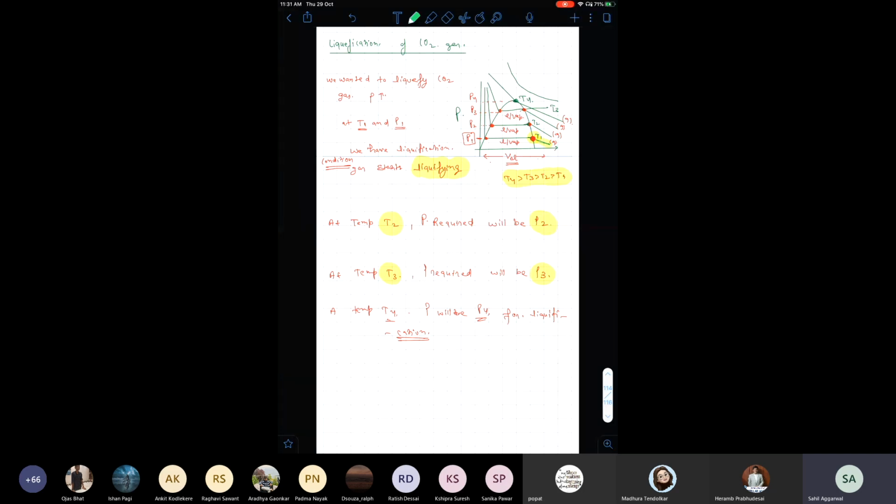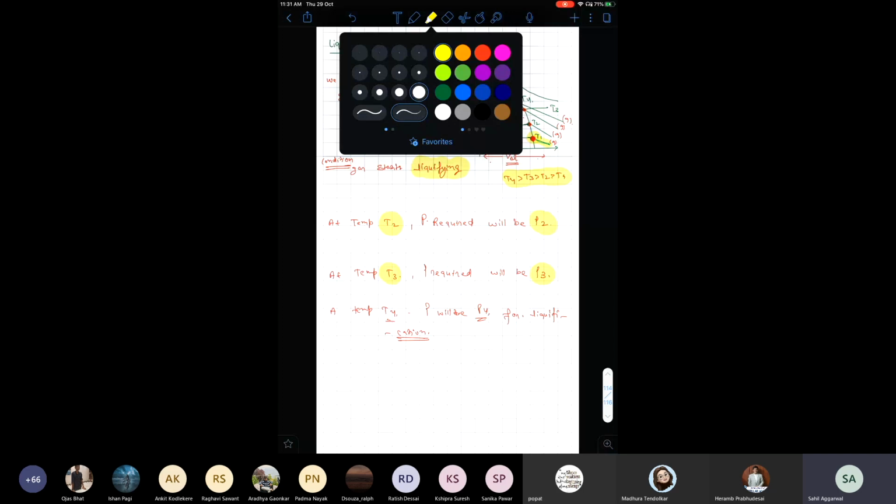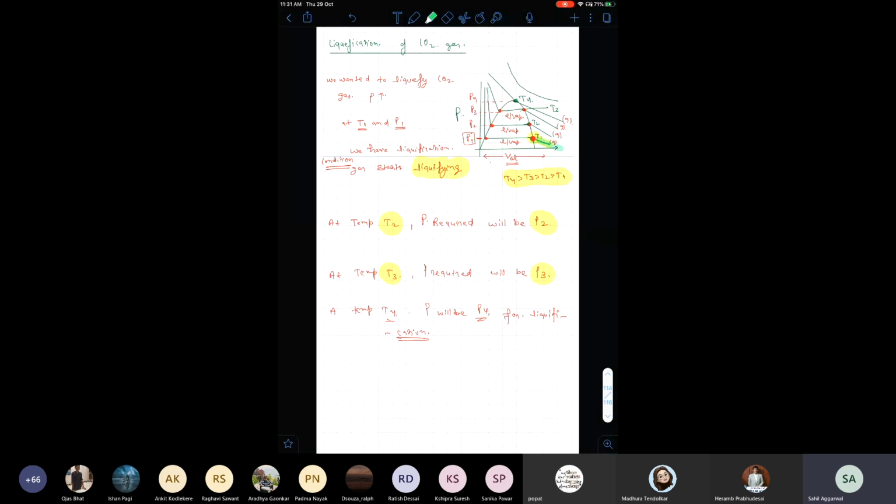In this region we have only gas. But as we get the required pressure, gas started converting into liquid. And it happens till this region.